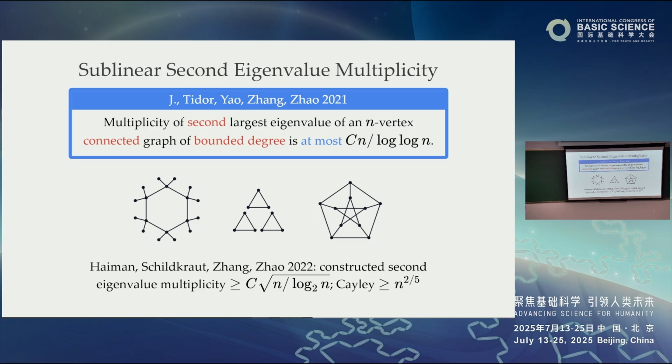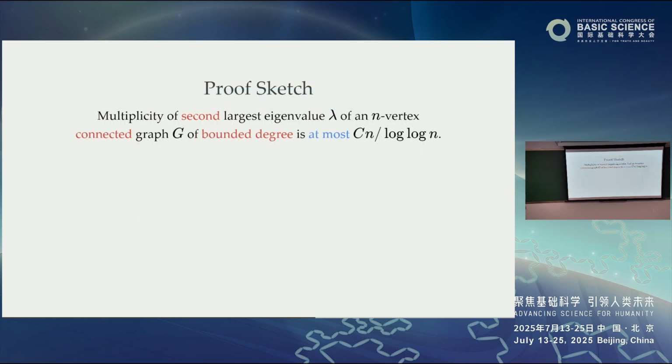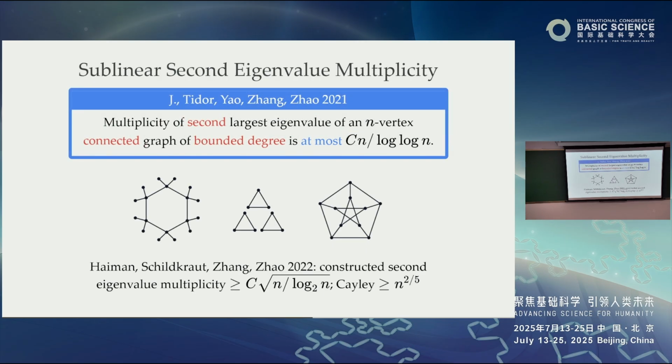And the second eigenvalue multiplicity of those Cayley graphs they constructed is at least n to the 0.4. So root n is indeed the barrier. We think that certainly, it will be already interesting to prove any polynomial upper bound, say n to the 0.99. But hopefully, we can get it all the way down to n to the half.